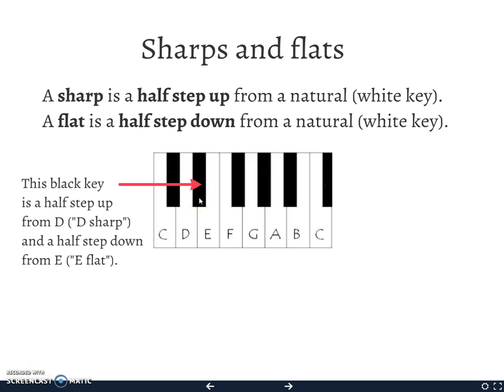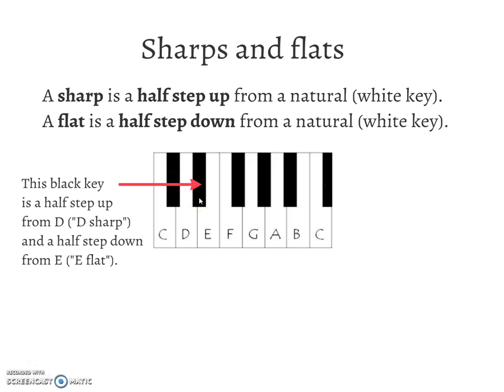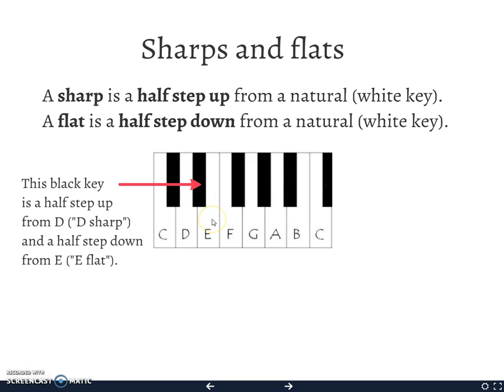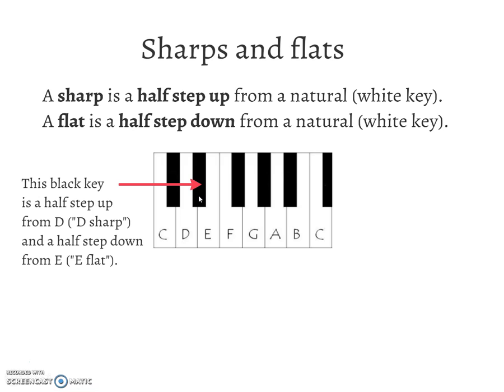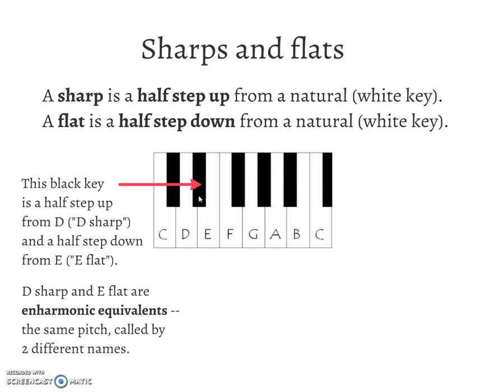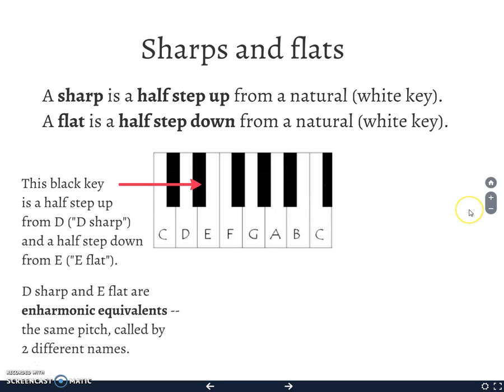So D sharp, but also it's a half step down from E. There's E, half step down. So we can call this note both D sharp and E flat. D sharp and E flat are enharmonic equivalents because they are the same pitch called by two different names.